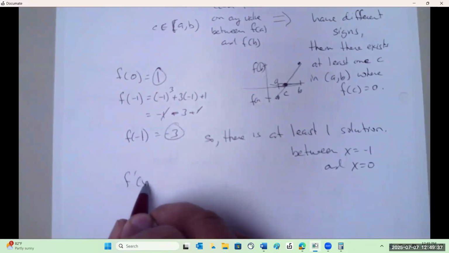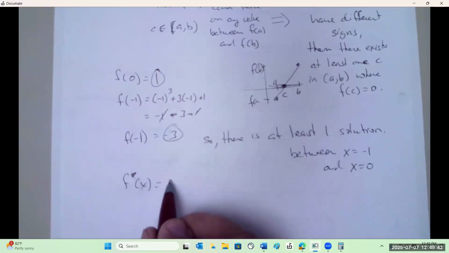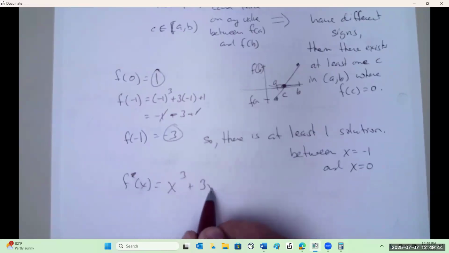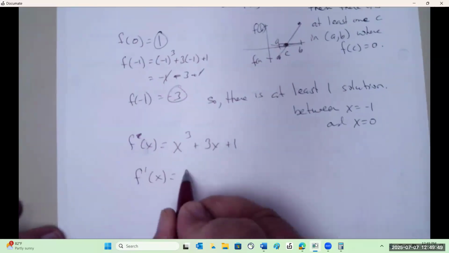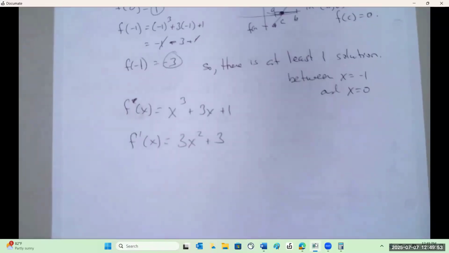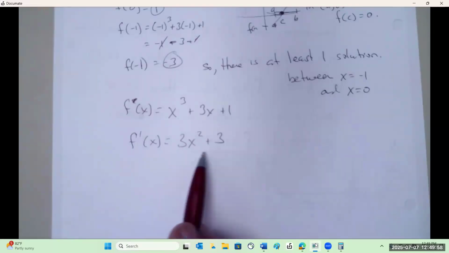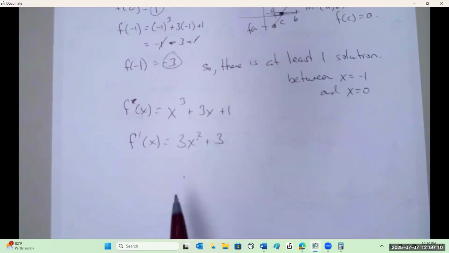If we take the first derivative of this function, x cubed plus 3x plus 1, what do I get? What do we notice about this function? Can it ever equal 0? No, because if I move that over, it's negative, it's imaginary.